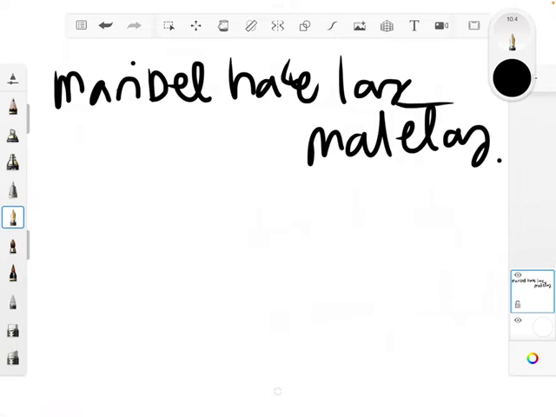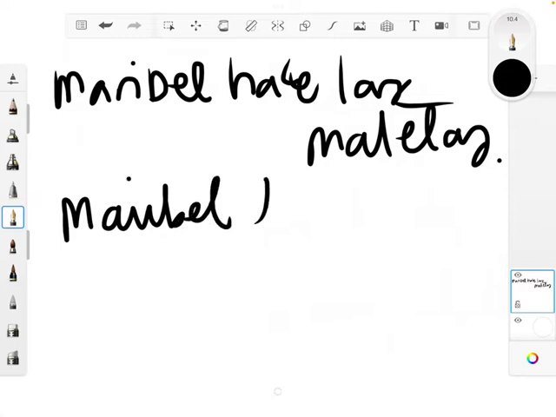We're going to use a direct object pronoun in order to avoid repetition. So, Maribel las hace. So, a couple things to notice here. So, I'm just showing you how this works. So, I'll do one more example.